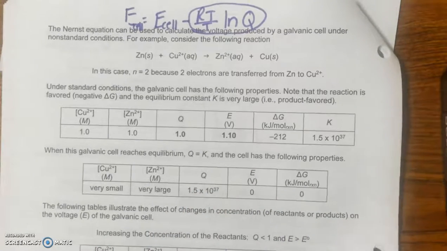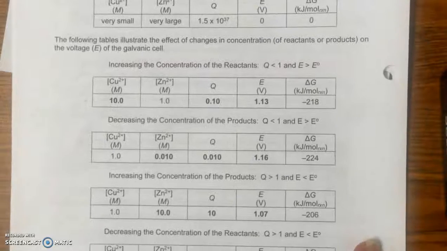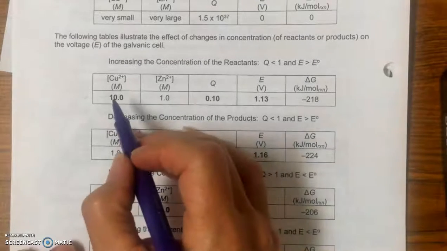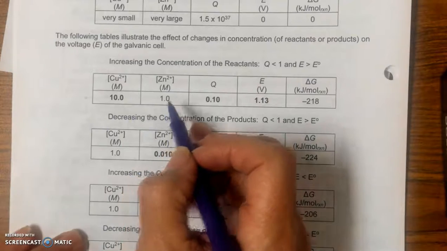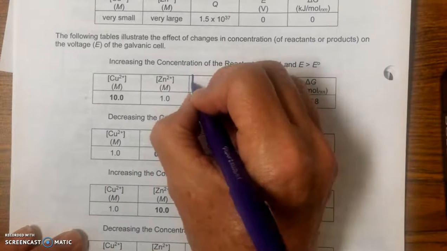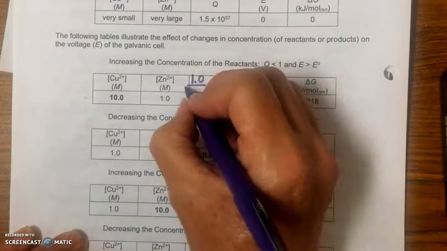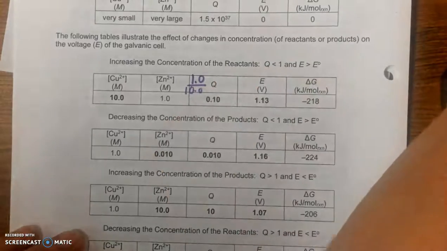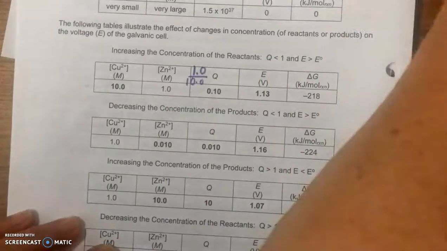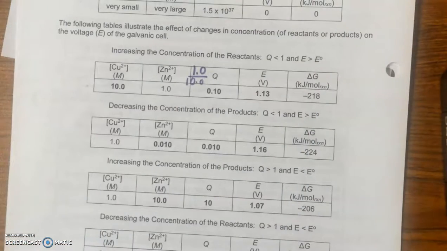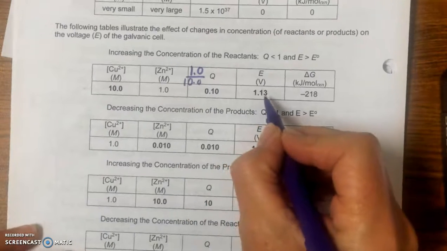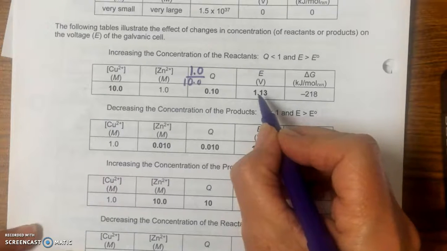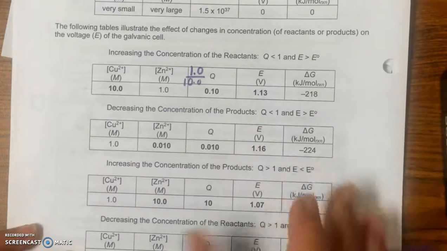Okay, now let's look at what happens when our concentrations are not at 1 molar. Let's say we start with 10 molar copper, 1 molar zinc. If I put that into my Q equation, that would be 1 divided by 10, and so that becomes 0.1. I run my voltage, and look at that, my voltage has gone up from 1.10 to 1.13.